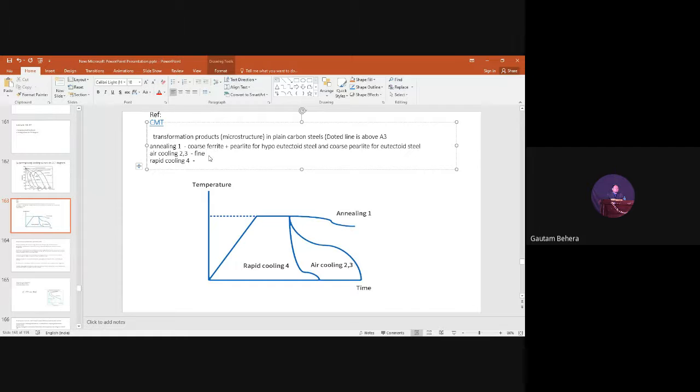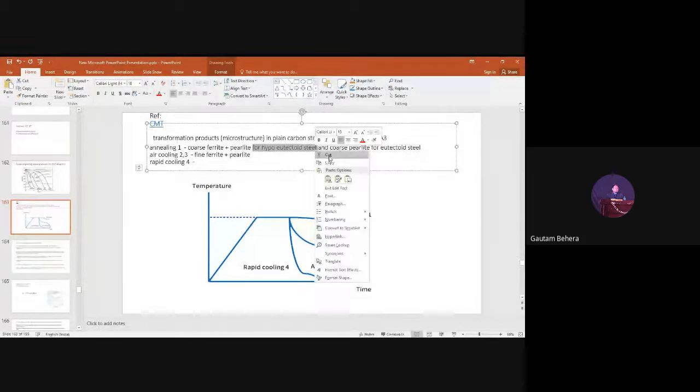Ferrite plus pearlite for hypoeutectoid steel.